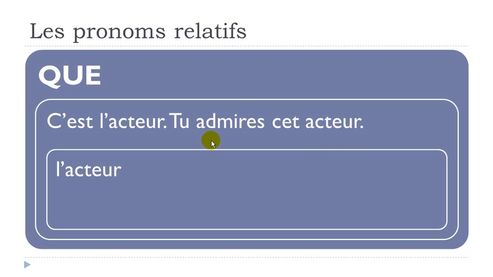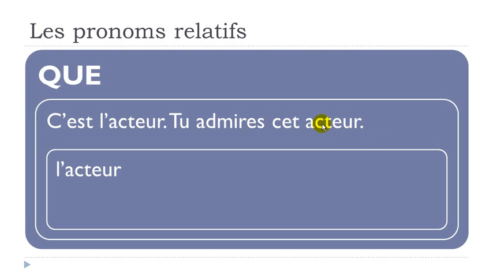But if you have a look here, in the second sentence, you've got tu, okay, so it's the subject. Then you've got admire, so it's the verb admirer, to admire, all right? And after that, you've got cet acteur, so the thing we would like to replace.